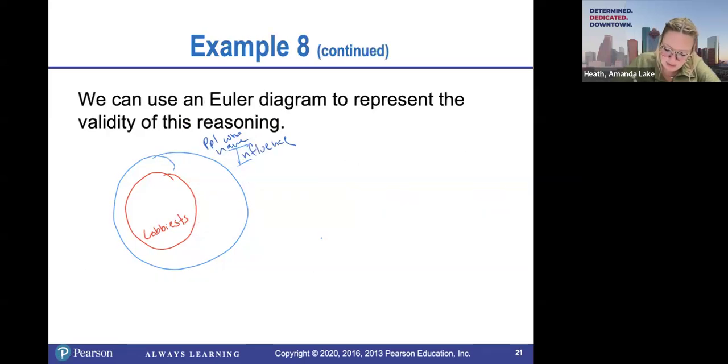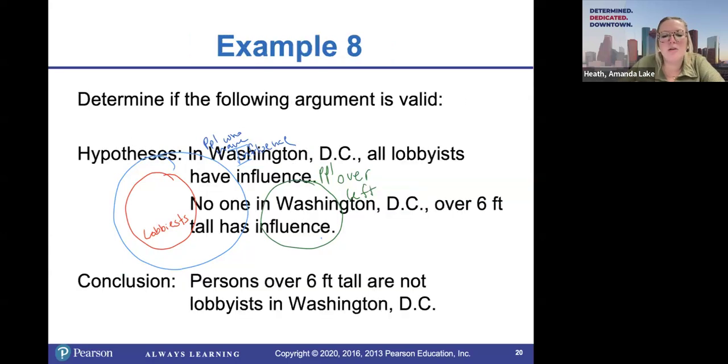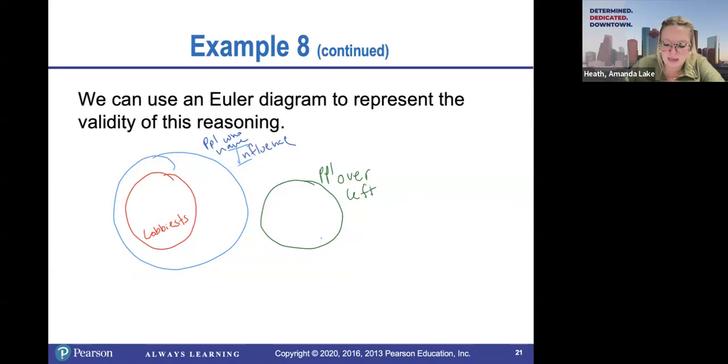So when I think about the set of people who are 6 feet tall or taller, they cannot be overlapping with the people who have influence in any way, because none of those people have influence. So these have to be the people over 6 foot tall. My conclusion was persons over 6 feet tall are not lobbyists in Washington, D.C. So we're asking ourselves, would it be possible for these two circles to overlap?